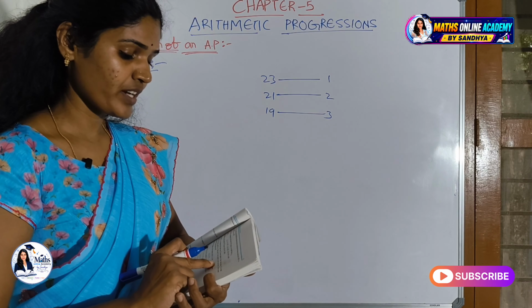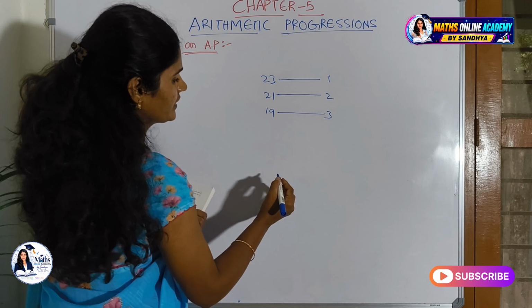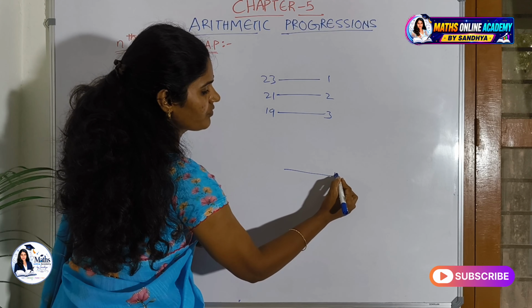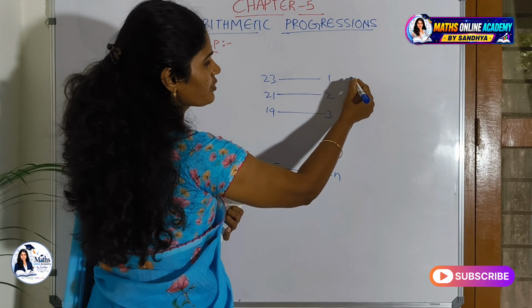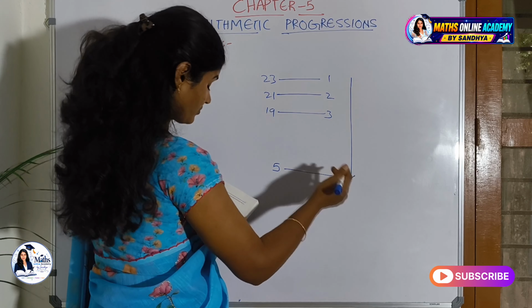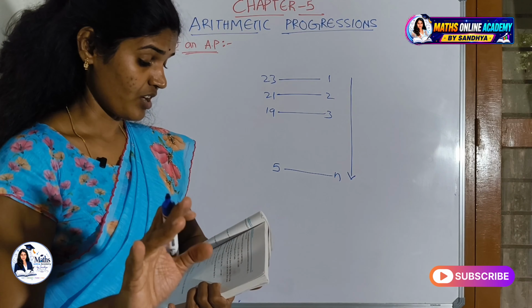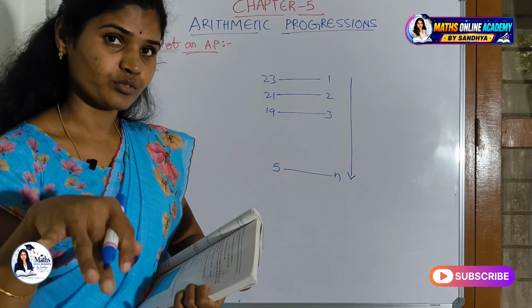There are 5 rose plants in the last row. This is the last row, the nth row. We don't know n. Here the number of roses is 5. How many rows are there in the flower bed? If you find the n value, that is the number of rows.